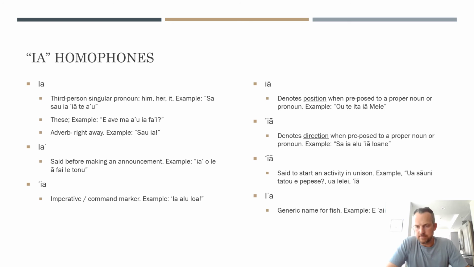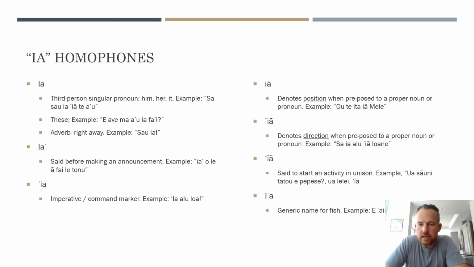And then the guy's saying, "Ua lelei," which means great, it's all good. And then he would say, "Ia," and basically right after that, everyone would start singing together. So think of a choir director needing to have everyone start together. Maybe you're starting a race, or I don't know if you'd start a race this way, but it's basically just a way to start everyone together in unison.